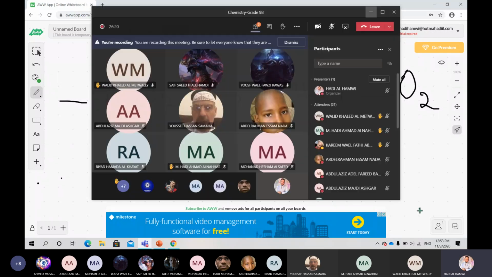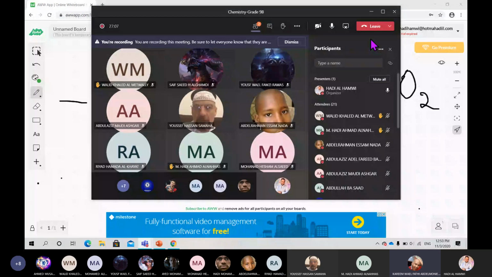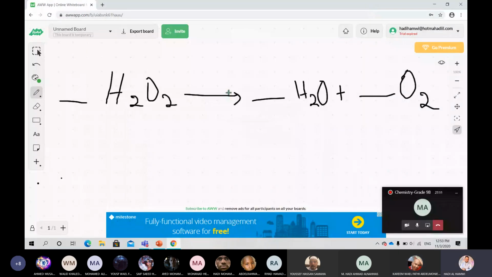I think you can balance it by putting a 2 at the beginning. I think then it becomes balanced. Here 2 times 2 is 4, and here you have 2. Oh yes, Mister, I forgot, you have to put 2 in the H2O as well. Okay, here you have 2. Now it's balanced. I think yes, but you have to put 1 in the oxygen. Yeah, 1 here.